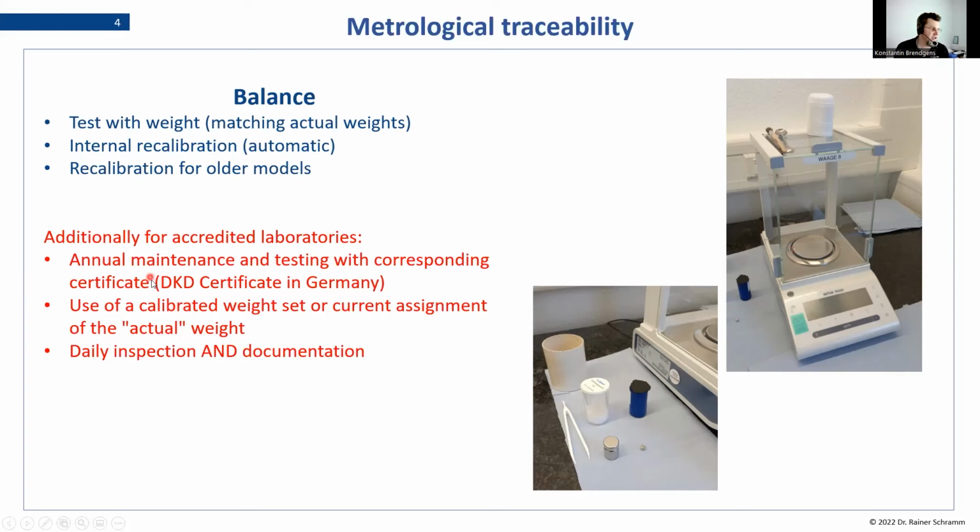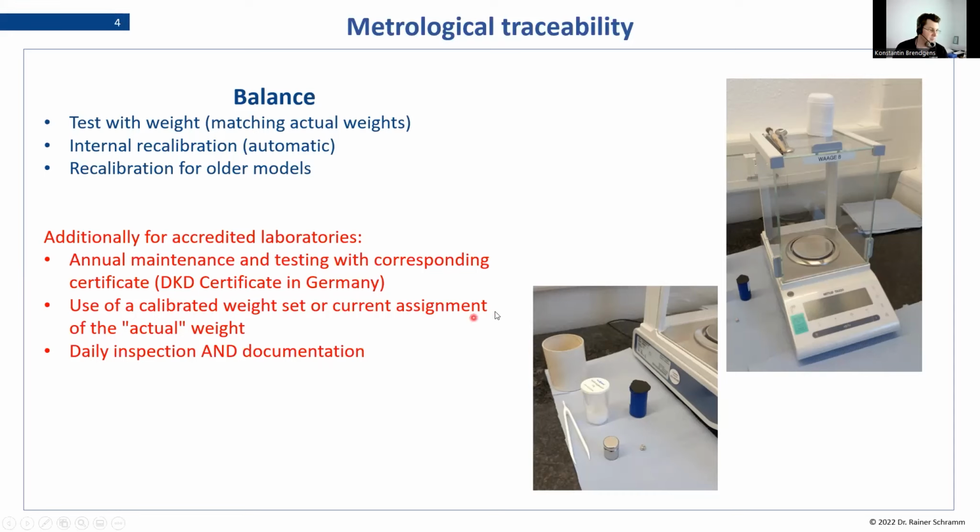There is actually a service here in Germany, the DKD, Deutscher Kalibrierdienst, which roughly translates into German calibration service, and they come over and visit us, and they bring all the equipment and necessary stuff to do the maintenance, and also give us a certificate as proof of that step for each balance afterwards, which includes the delta. It's a technical document that basically states the balance is working within these margins of error.